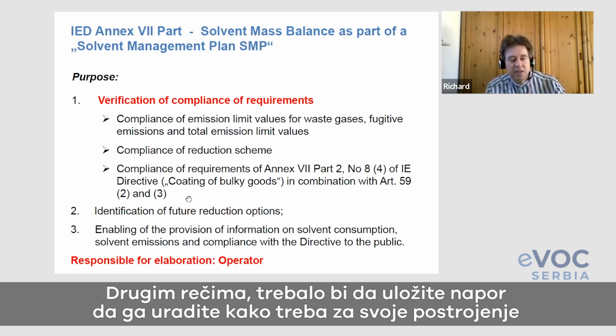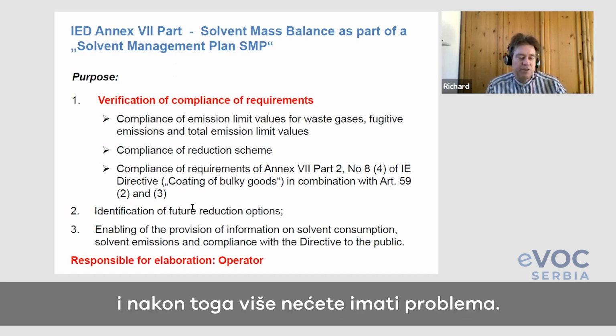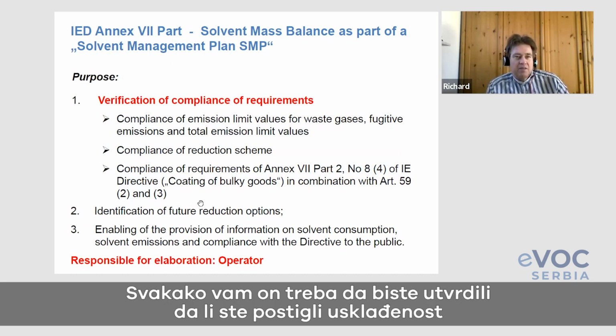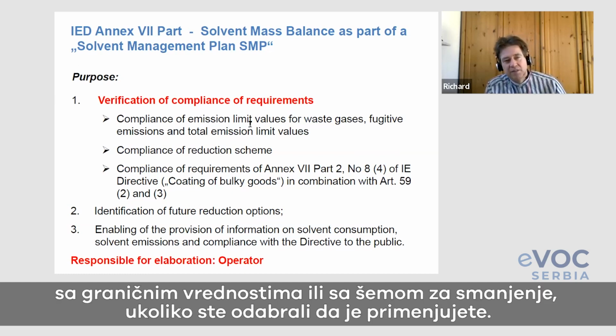So in other words, you should spend effort to establish that tool for your installation, and once you have established it, I'm sure you will not miss it anyway. Of course, we need that tool anyway to check if we have compliance with fugitive emissions and with the reduction scheme, if it is applied or if it has been chosen.